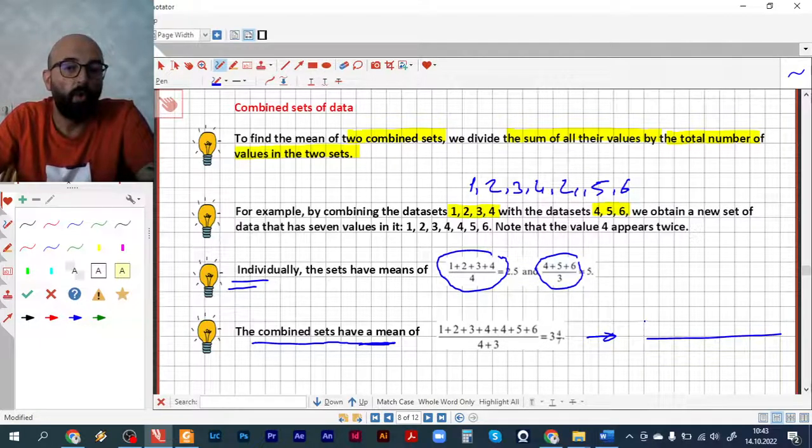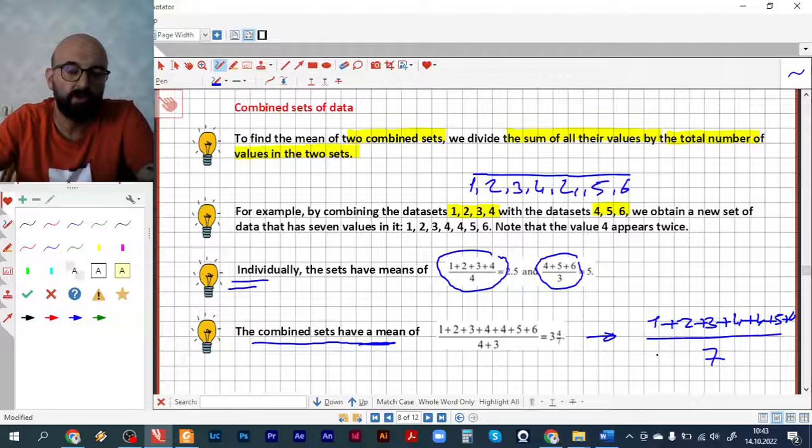The sum of all values: 1 plus 2 plus 3 plus 2 times 4, and 5 and 6. And we have 2, 3, 4, 5, and 7. We have 7 values, or the first group has 4 values, the second group has 3 values. So our mean is 3 and 4 over 7.